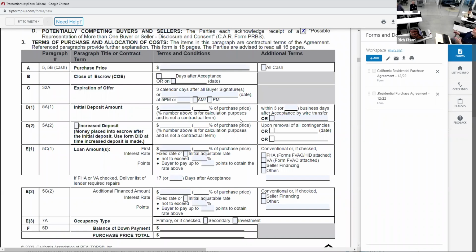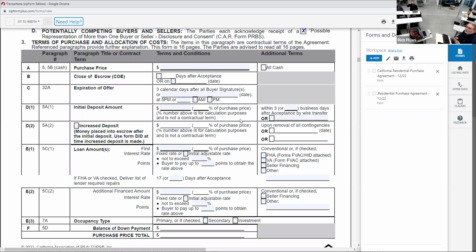So if they're in a year and 8 months, they would want to delay in order to avoid capital gains. They want to close after we hit the 2-year mark. So that's just an example, or like I said, the buyer who has to close at a specific time.